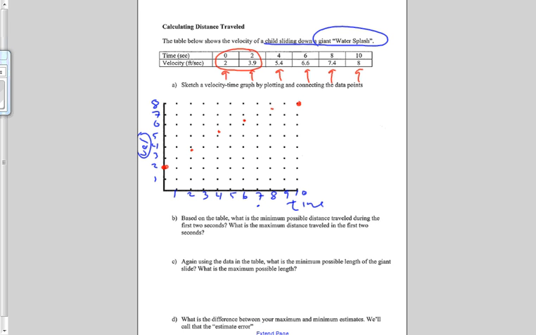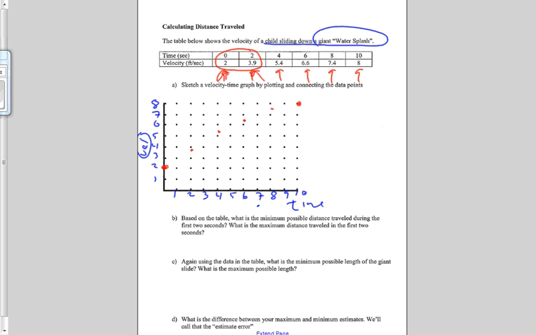We're not sure. What's the velocity at 1.99 seconds? We're not sure. All we know is that at time 0, we're going 2 feet per second right here, and at time 2, we're going 3.9 feet per second. That's the only information that we know. And we can assume that they're getting faster and faster based on our data. We can assume that, but we don't know that.